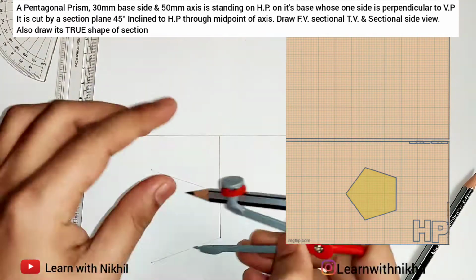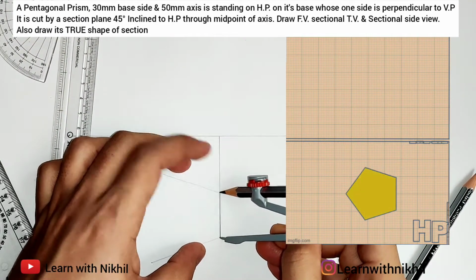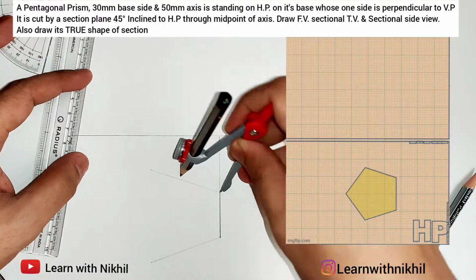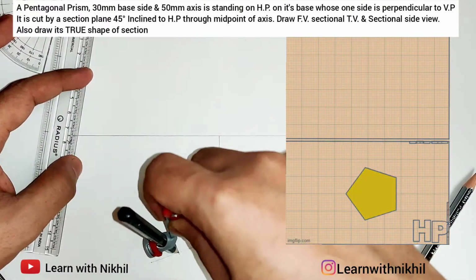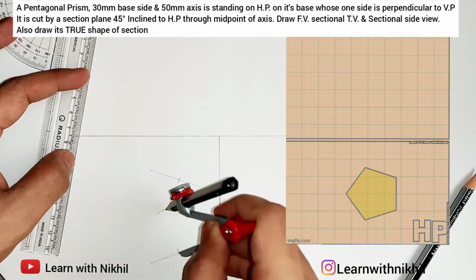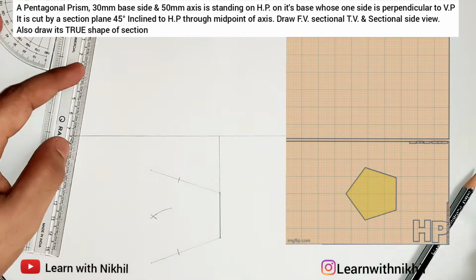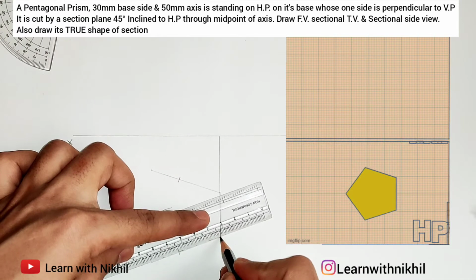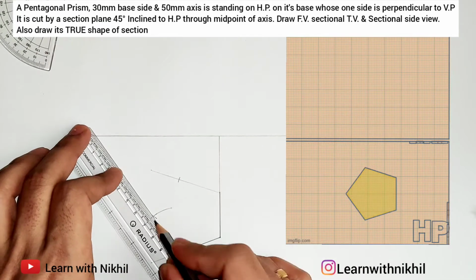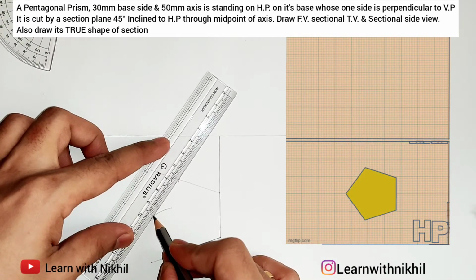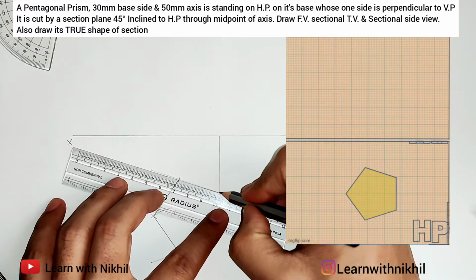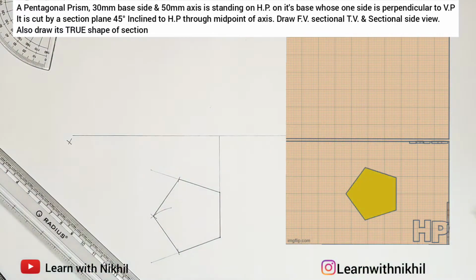So now on compass, I'll take the distance of 30 mm. Keep the pointer, cut an arc on these lines. Then through these arcs, I'll cut and join the arcs. And we'll get the fifth point. Now joining this pentagon dark. So this is how the pentagon will be in the top view or in the horizontal plane, as you can see in the animation also.